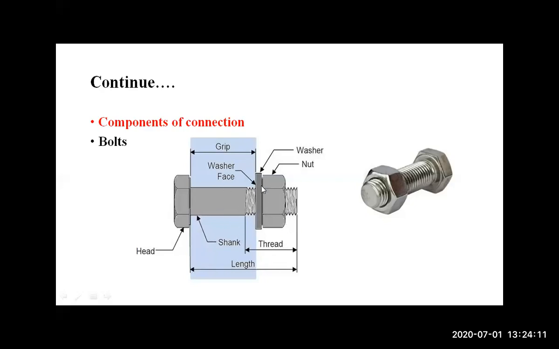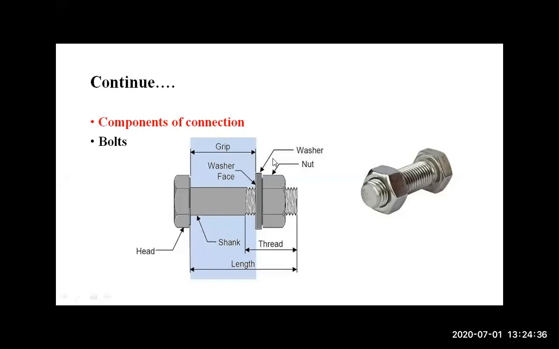Now the washer is here. For what purpose are we using the washer? We use the washer to connect two members without slippage. If we want to avoid slip in our connection of two members, we can avoid it by using the washer also.